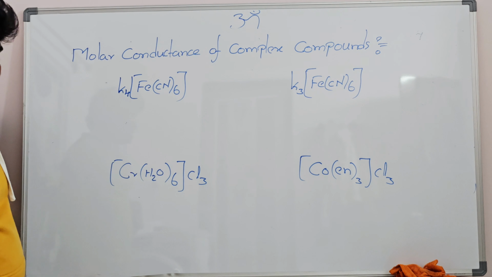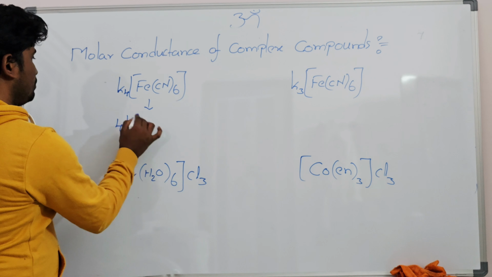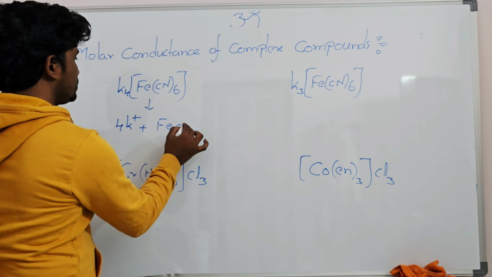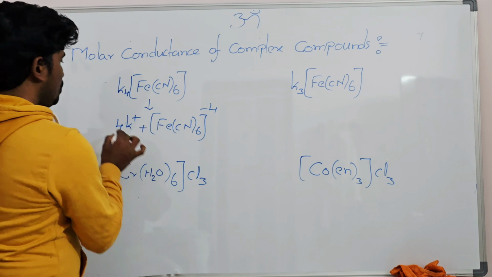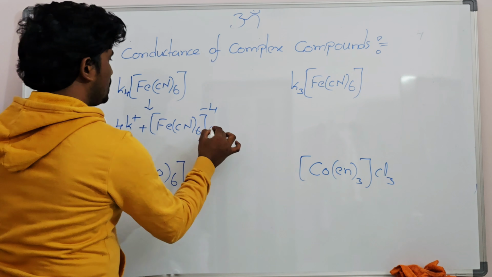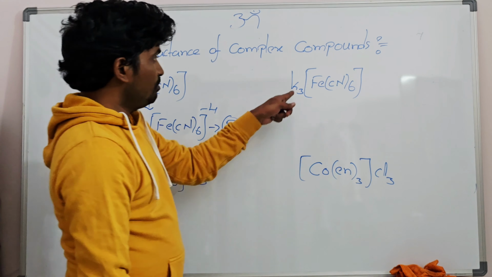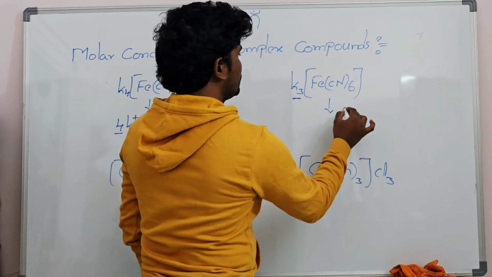This complex after dissociation, how many ions are present in the aqueous medium? K plus ions, four are present, and Fe(CN)6 minus 4. Here 4, here 1, overall five ions are present. Here how many ions are present? Here 3, here 1, four ions are present.